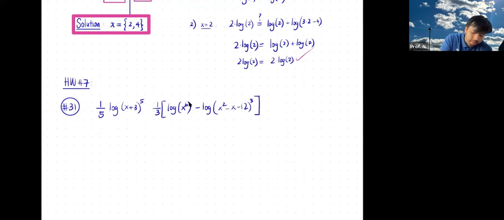Looks crazy, right? So what I want to do is combine it into a single log. So I need to take everything step by step.